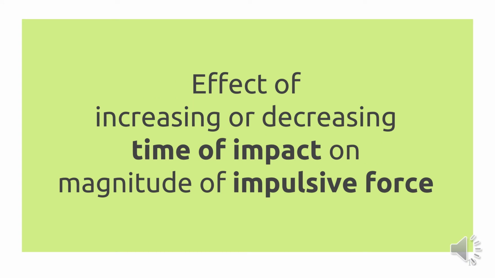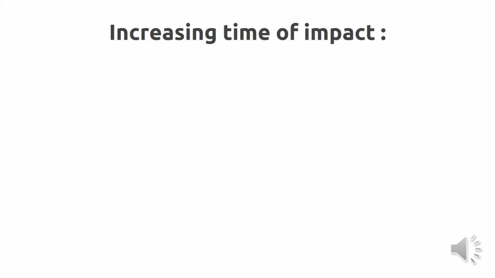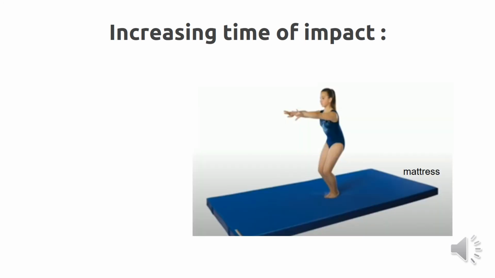Now, let's move to the effect of increasing or decreasing the time of impact on the magnitude of impulsive force. First, what will happen when we increase the time of impact? This is the situation. A girl jumps onto a thick gymnasium mattress.